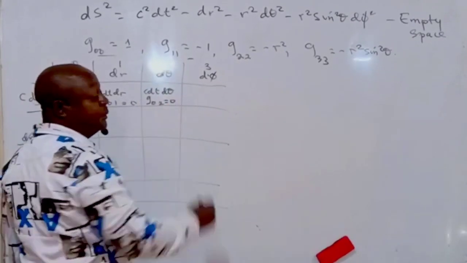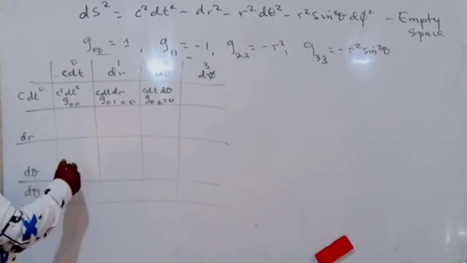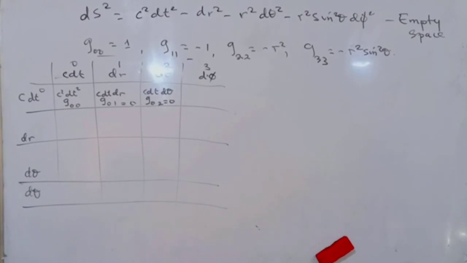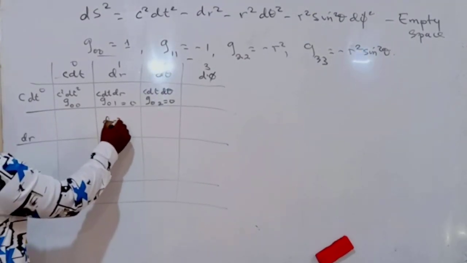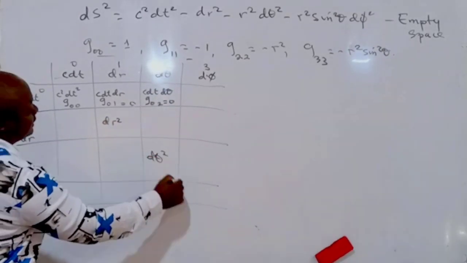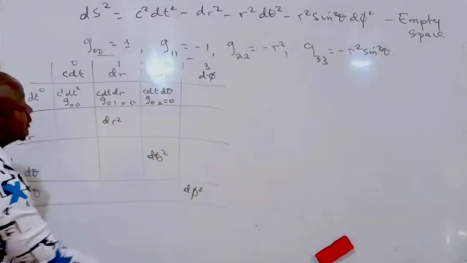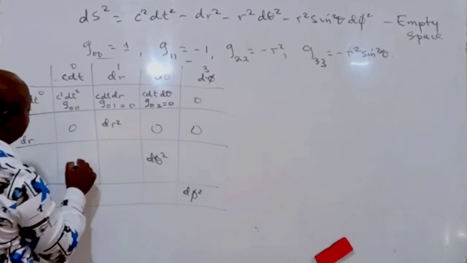Again, it's also 0. If you look at it, only the diagonal elements will survive. So you have the dr squared, the d theta squared, and the d phi squared. The others will be 0.